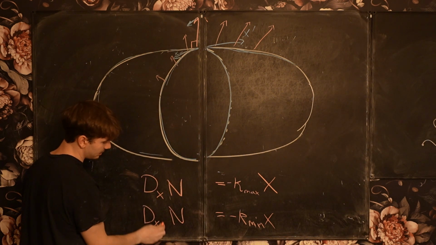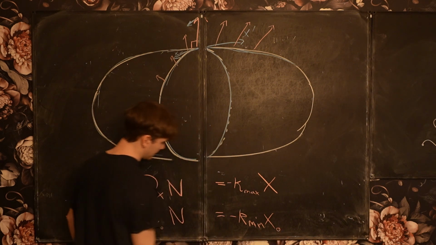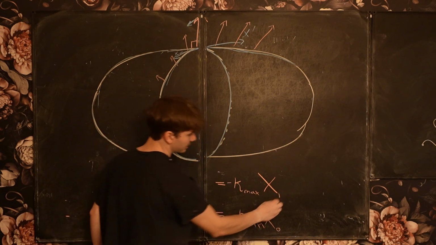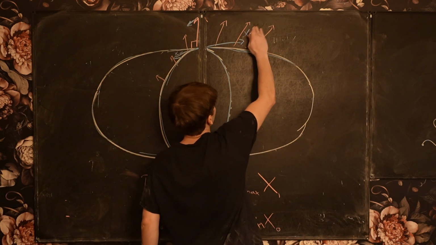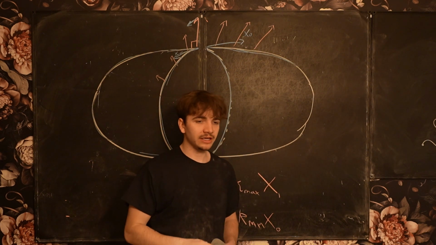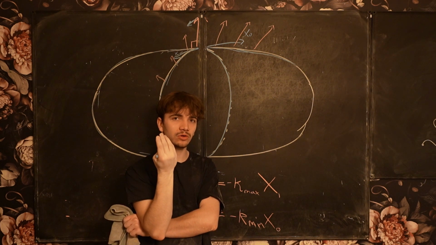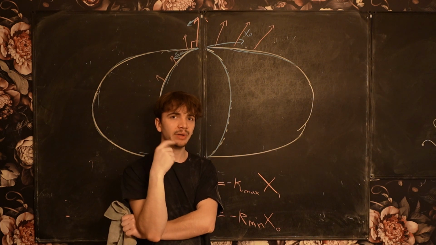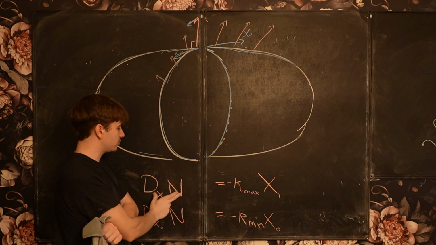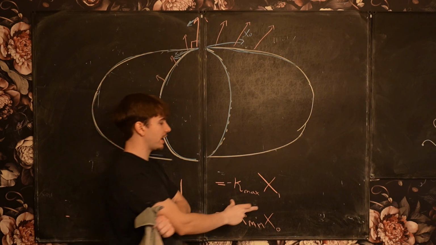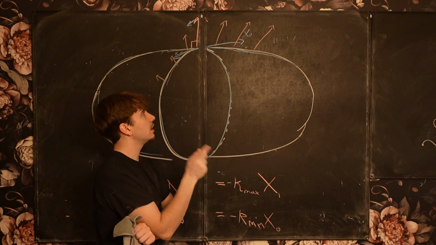Maybe I shouldn't use x prime. Maybe let's use x naught and x1 or something. I don't want to use primes because I've been using them throughout the whole lecture. So the idea is that if I look at the direction where the ellipsoid curves the most, so that's that circle, the belt loop around the ellipsoid, then I get that this directional derivative of the normal vector field is in the direction of this principal direction around this circle.